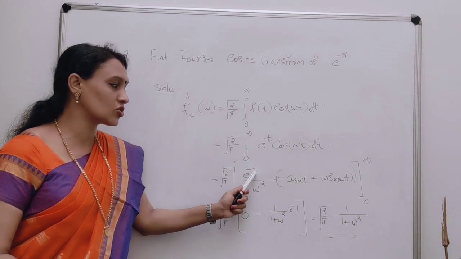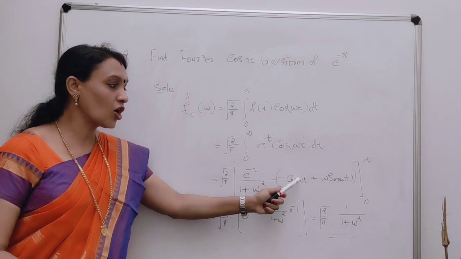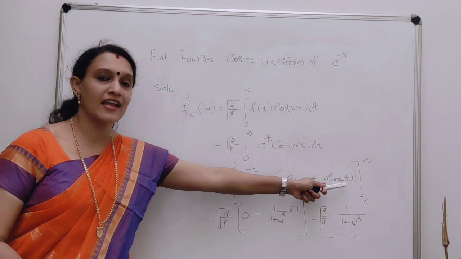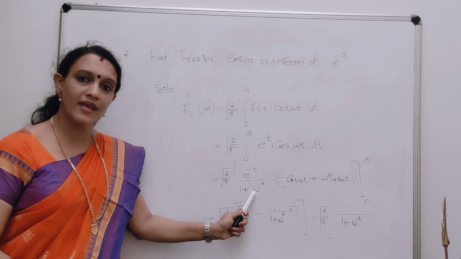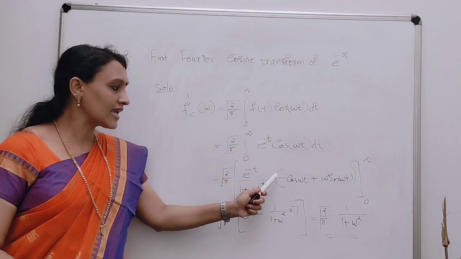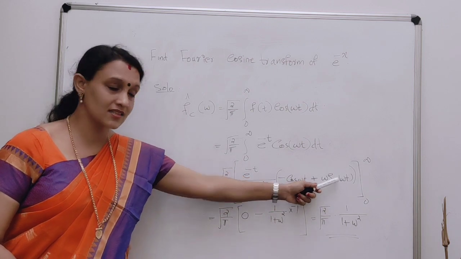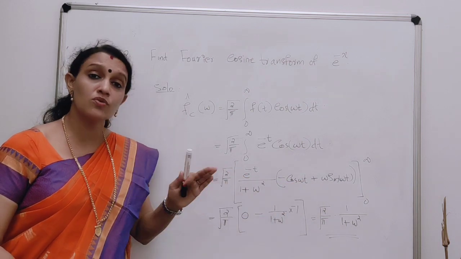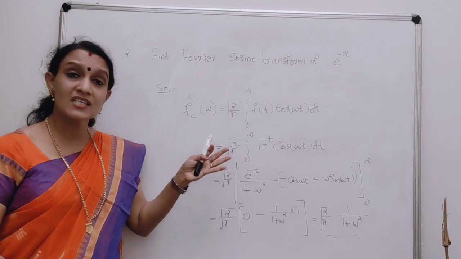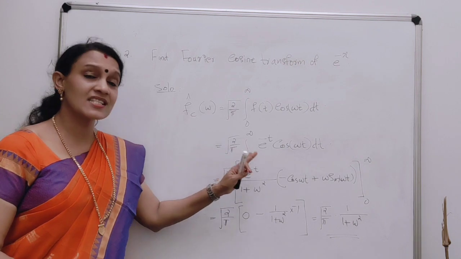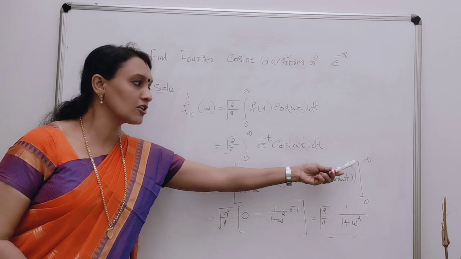This is actually e raised to ax by a square plus b square into a cos bx plus b sin bx, that is the formula. So e raised to minus t by 1 plus omega square into minus cos omega t plus omega sin omega t. You don't need to integrate by Euler's rule or by the substitution method. Just learn that easy integration method, that's all. And with the limit 0 to infinity.